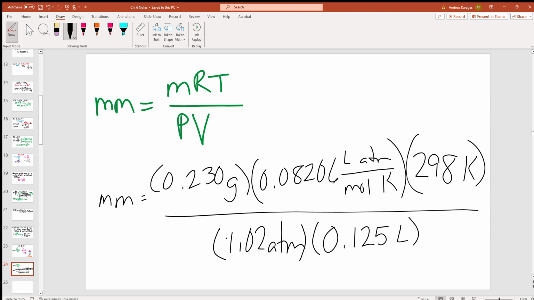Finally, we can just finish by solving the problem here. And we get a molar mass of 44.1 grams per mole.